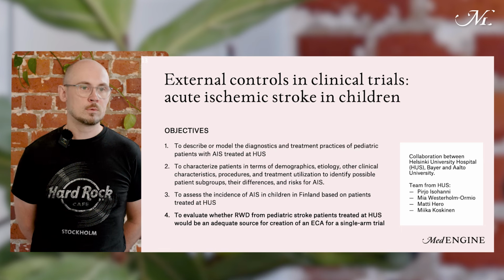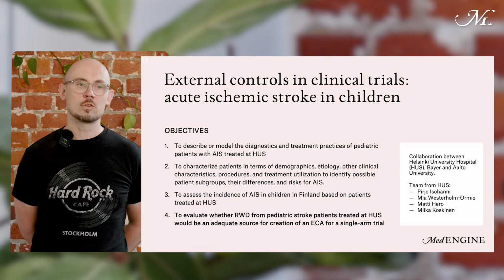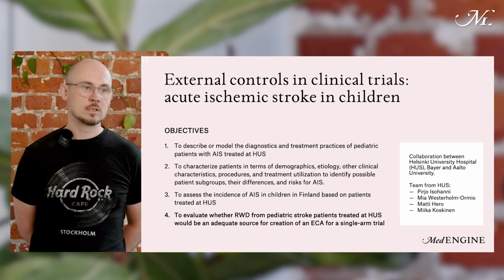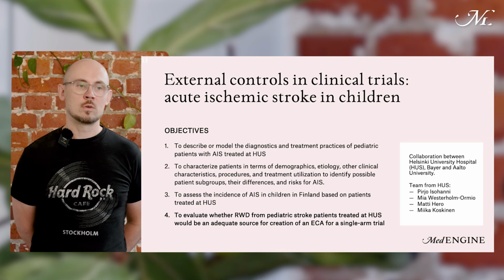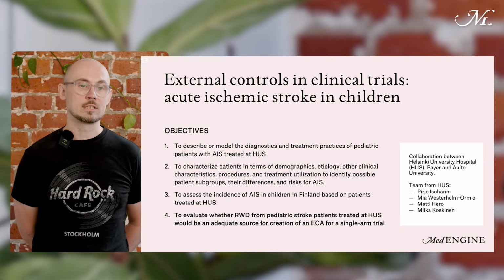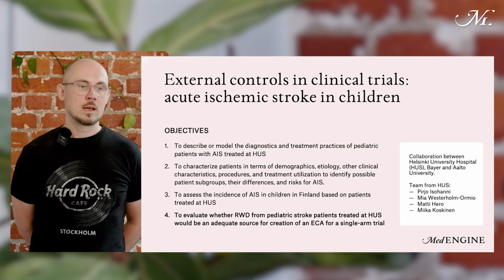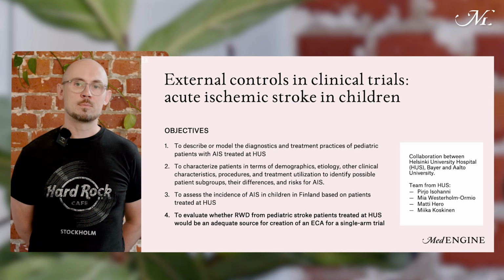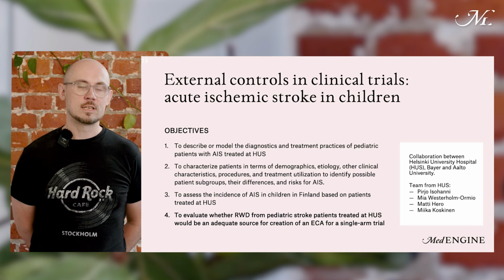Our objective was to investigate the natural history of the disease, to do deep characterization of the patients, and also evaluate the incidence and the number of these patients in Finland, and especially in the Helsinki area, of course. And the final objective was to understand whether it would be possible to use this data for an external control arm in our clinical trial.